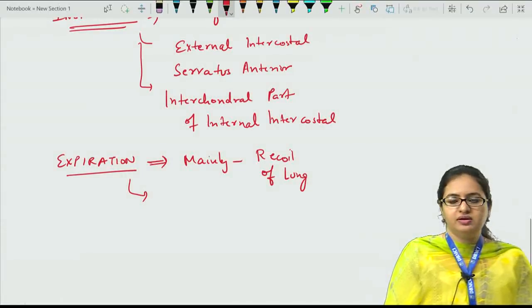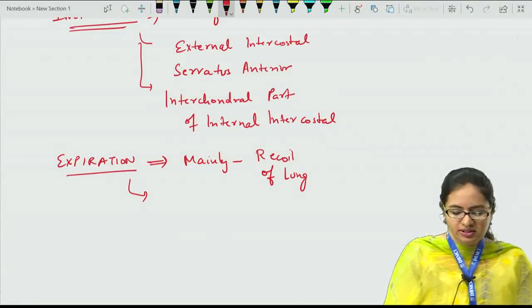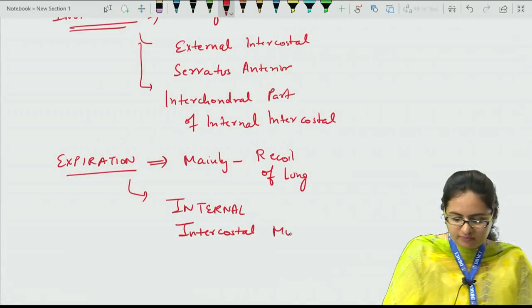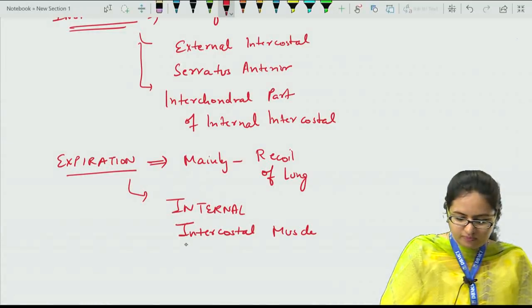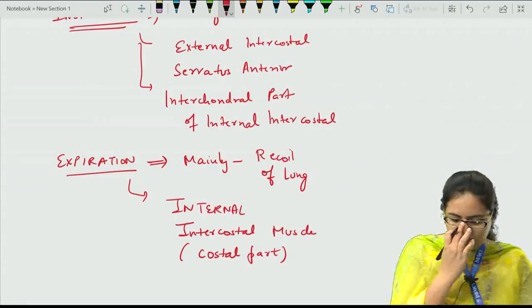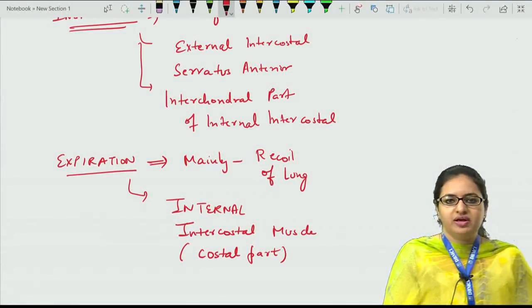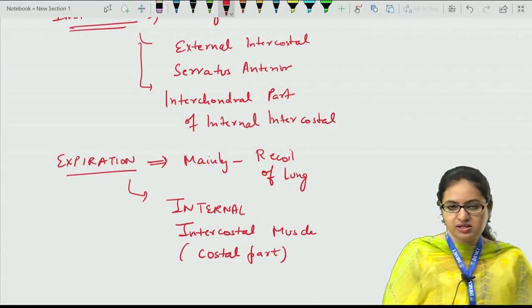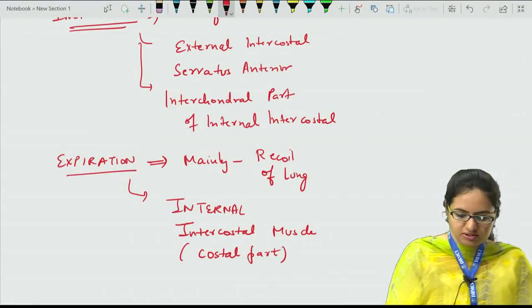And when we are doing any expiration with effort, the major muscle which is responsible is the internal intercostal muscle, the costal part of this muscle. For the forced expiration, we have the anterior abdominal muscles, and apart from them, this internal intercostal muscle, costal part, as well as the transversus thoracis muscle, help in the expiration process.